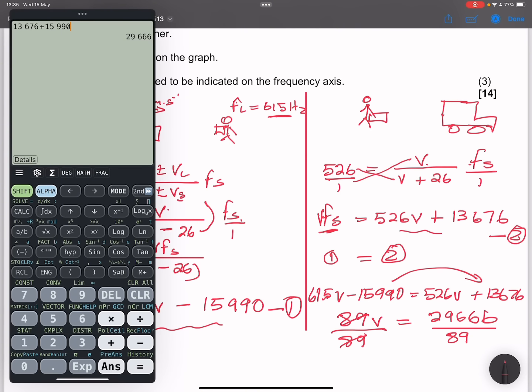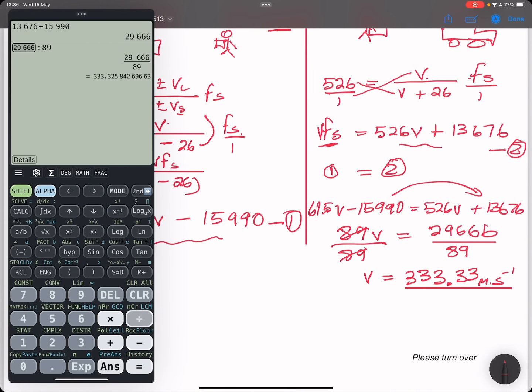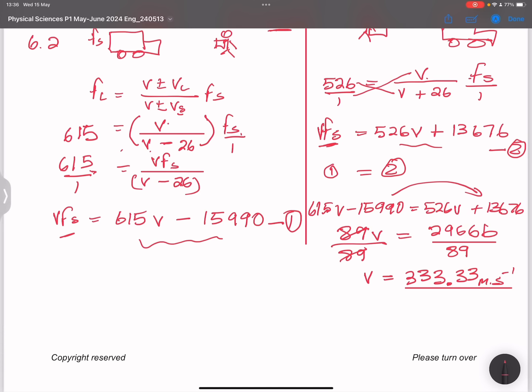This is divided by 89. So I'm going to divide all of that by 89. And I get the speed of sound in air to be 333.33 meters per second. And that's what we get for the speed of sound in air. Usually we use 340, all right, but it does make sense for it to be 333.